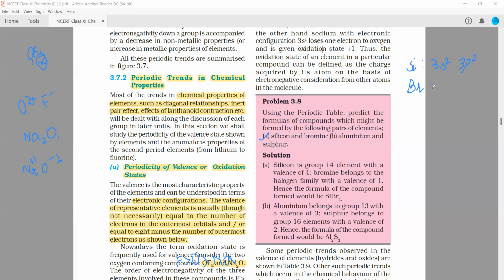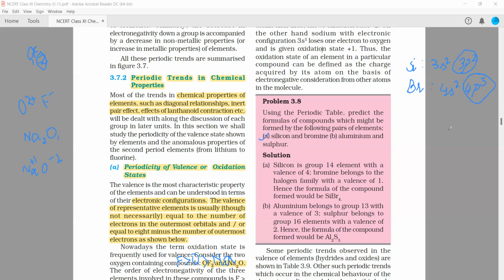For bromine, it is 4s2 4p5. Now you have to give and take electrons in such a way that both will have an octet. Silicon has 2 electrons that it can give, and bromine has only one space left, only one electron.